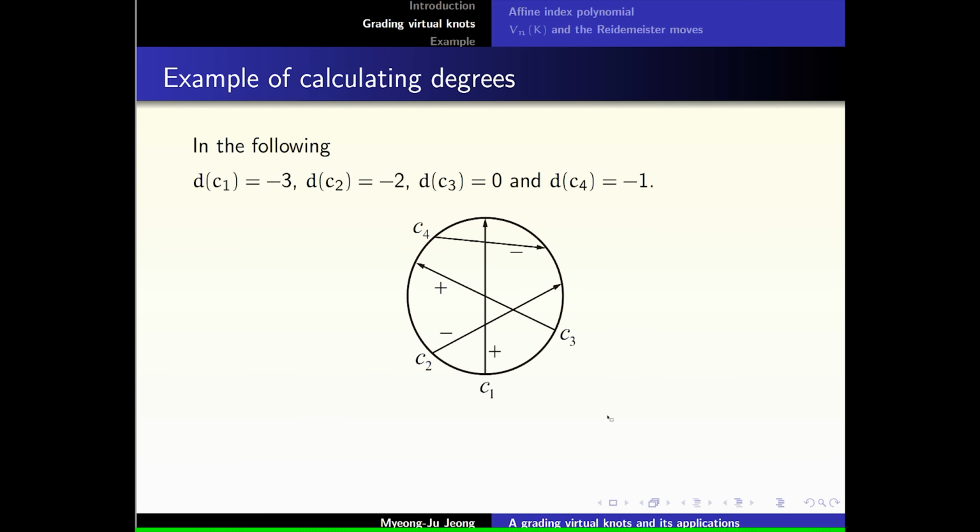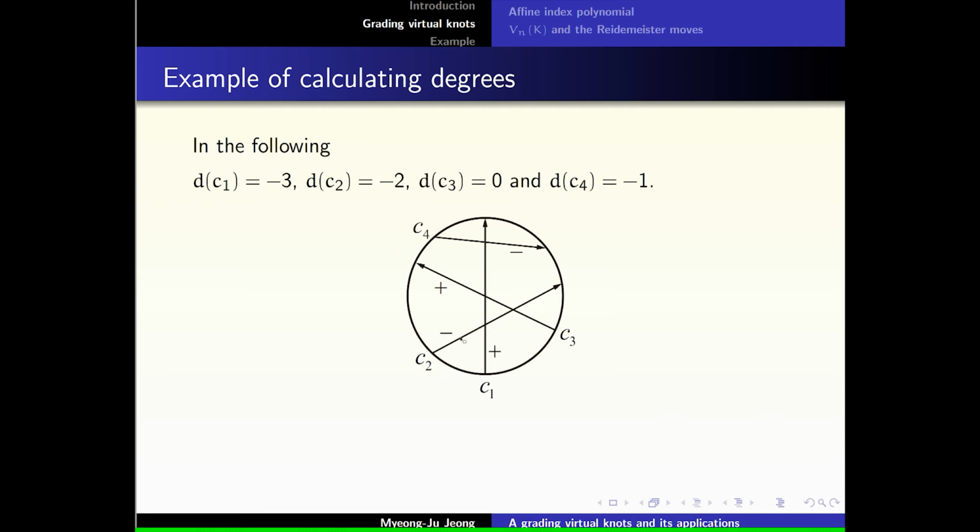For example, if we consider such a Gauss diagram which has 4 chords, in particular if we consider C1, then we meet C2, C3 and C4.